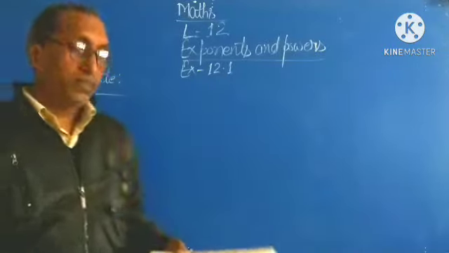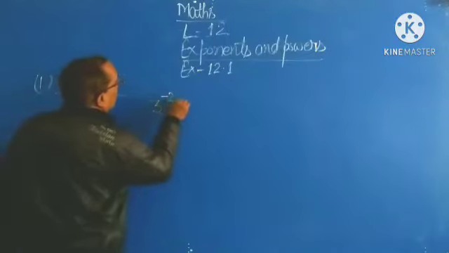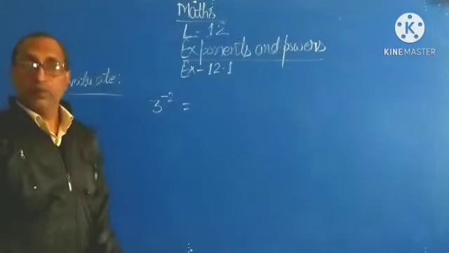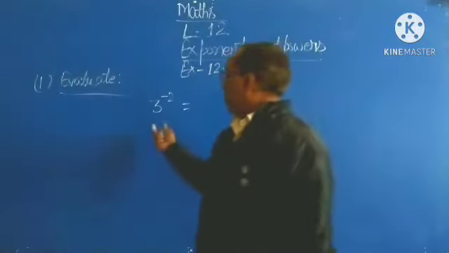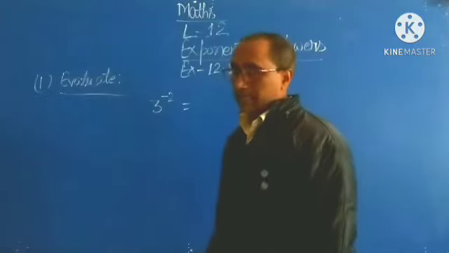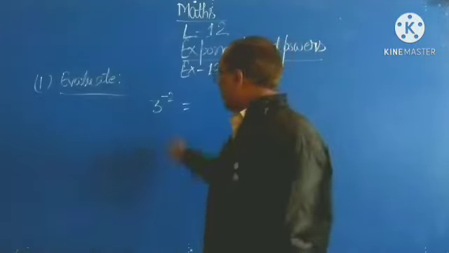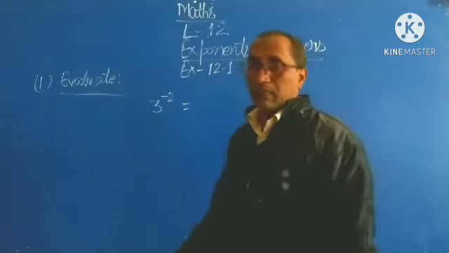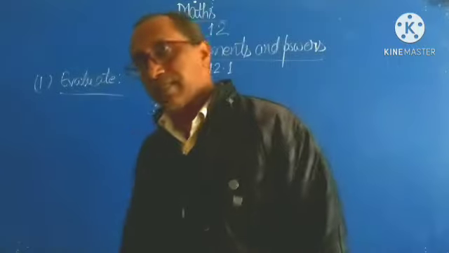Evaluate 3 raised to power minus 2. 3 raised to power minus 2 means you find out the value of 3 to power minus 2. For this, first of all, convert this negative exponent into a positive exponent.